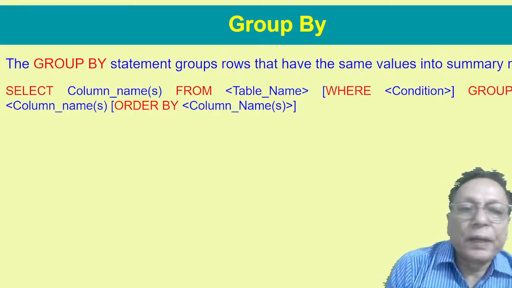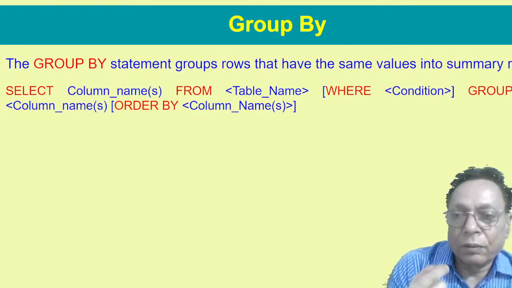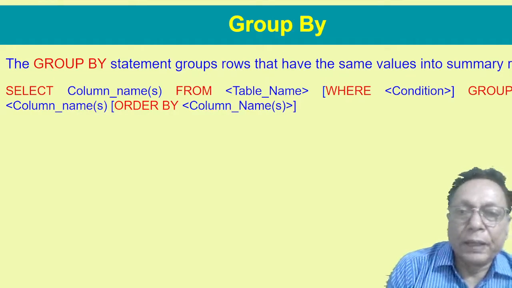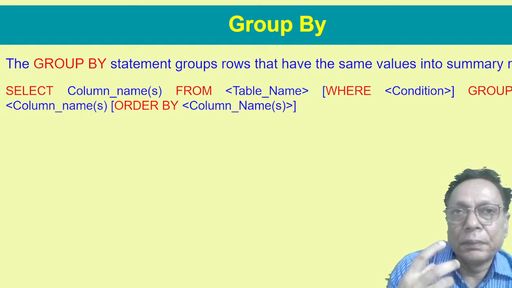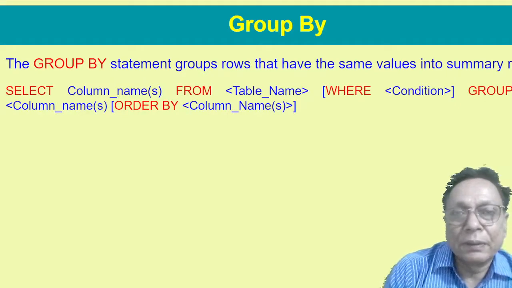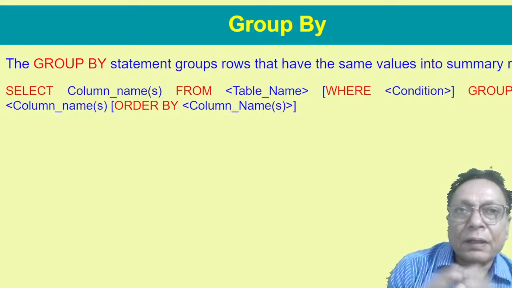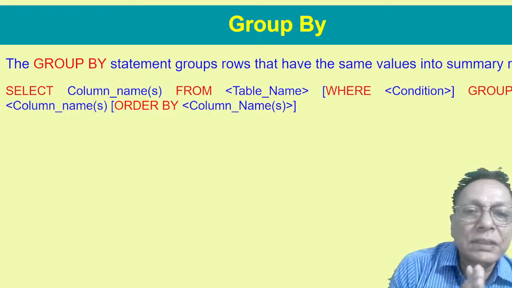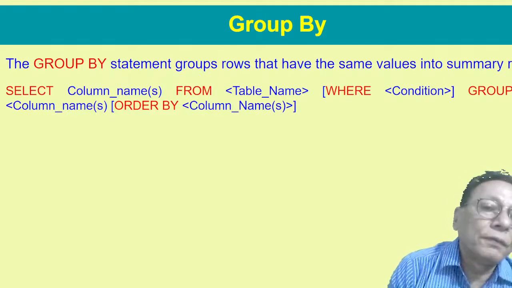After group by, you should give the column name which can be grouped by. If I consider the school database, my group is the class name, because I have to group all the students of a class. So class-wise we have to produce a summary. This is the statement for how we can group by or produce a summary of the database.